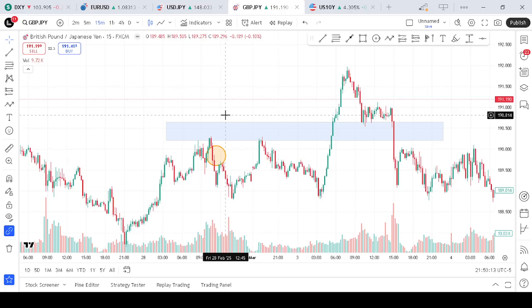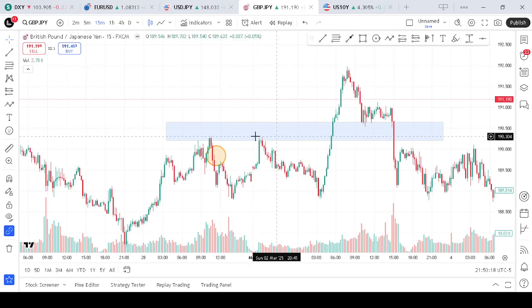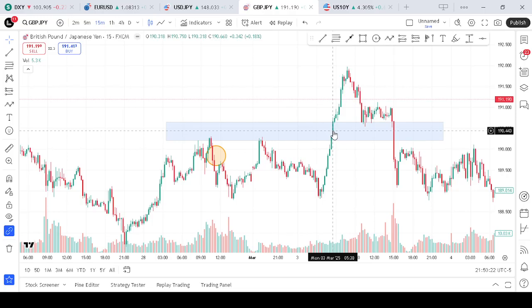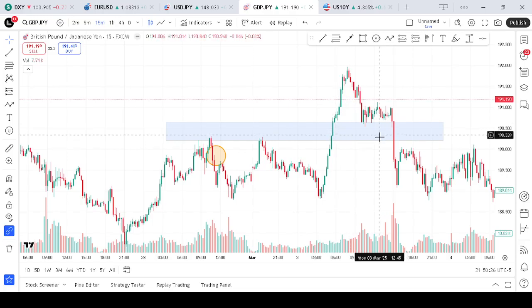When this pattern appears during an established uptrend, particularly at a resistance level, it can signal a potential trend reversal. The longer the candle, the stronger the reversal signal.